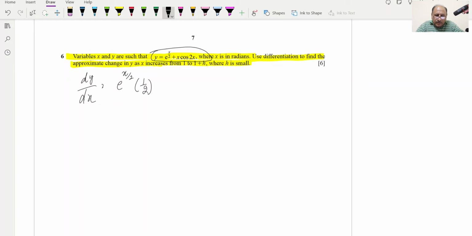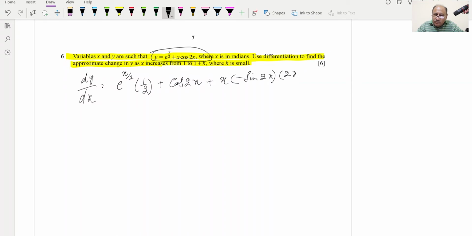Then, using the u into v formula, x and cos 2x: the derivative of x will be 1, so cos 2x as it is, plus x as it is, and the derivative of cos 2x will be minus sine 2x into 2.